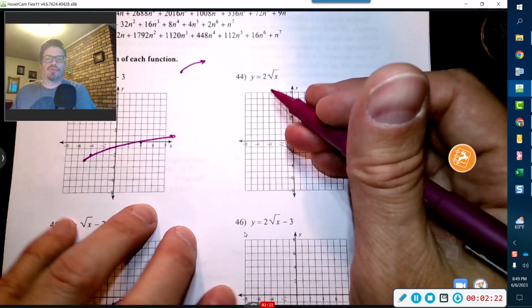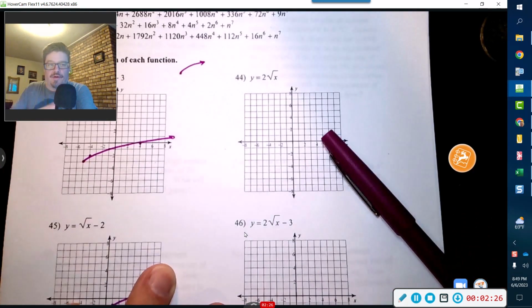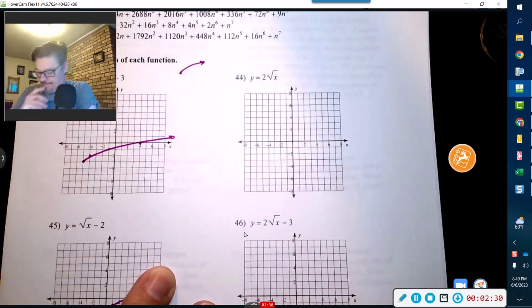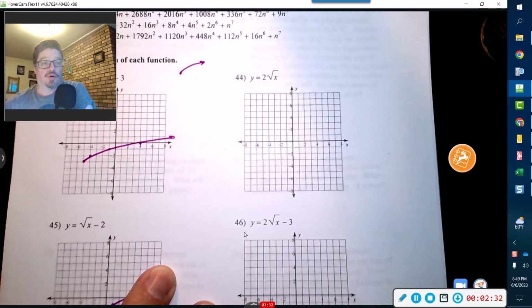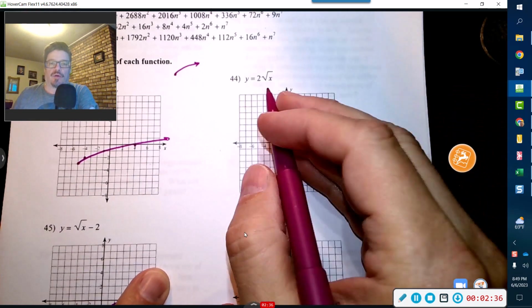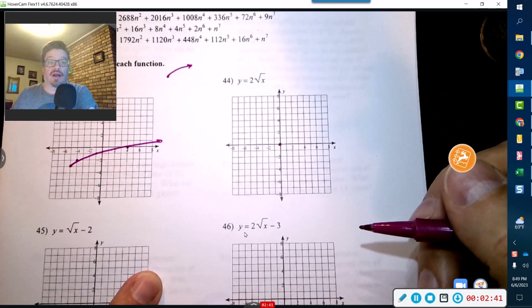Now when you have a parameter of 2, it's a multiplier. So what happens is, with our general parent function, all of the outputs will get doubled as they come out. If I double 0, doubling nothing just gives you nothing.